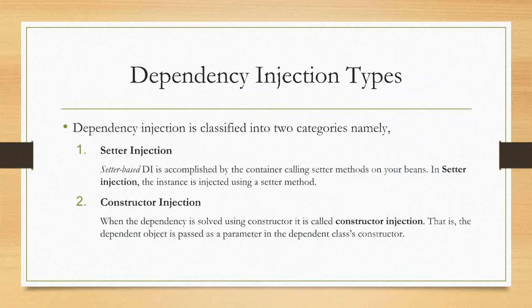You see, the dependency injection here in XML-based configurations is classified into two types, namely setter injection and constructor injection. Setter-based dependency injection, DI meaning dependency injection, is accomplished by the container calling setter methods on your beans.